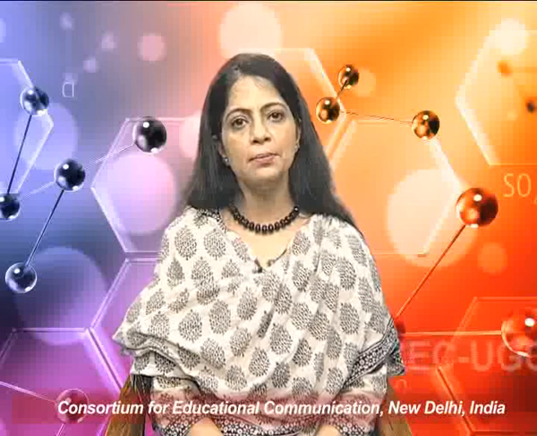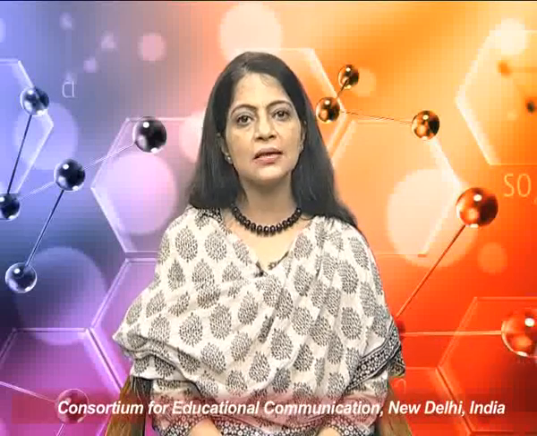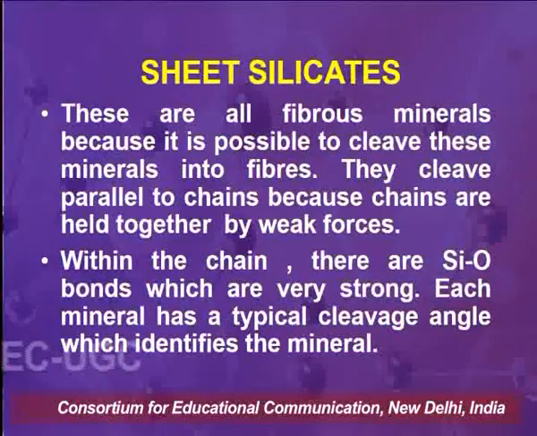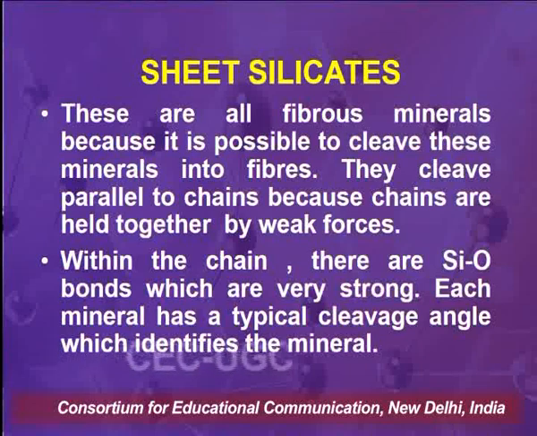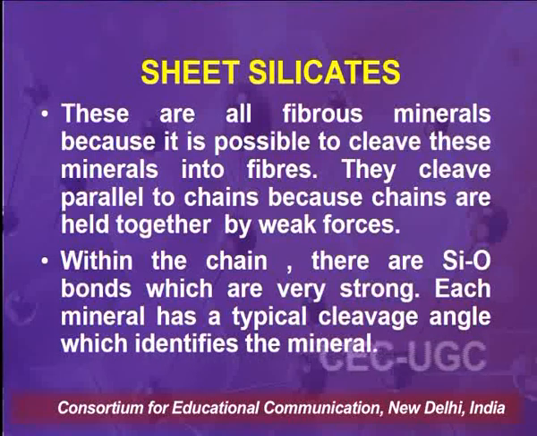Within the chain, the Si-O bonds, that is bonds between silicon and oxygen, are very strong. Each mineral has a typical cleavage angle which identifies the mineral. That means for each mineral the angle of cleavage is different.